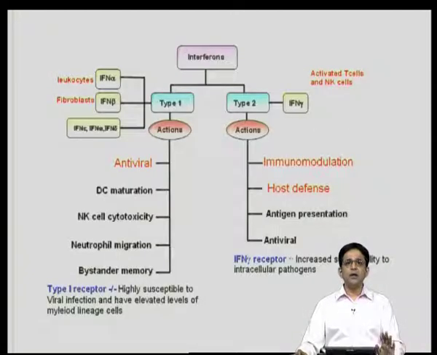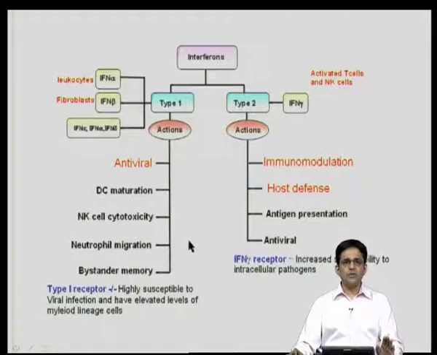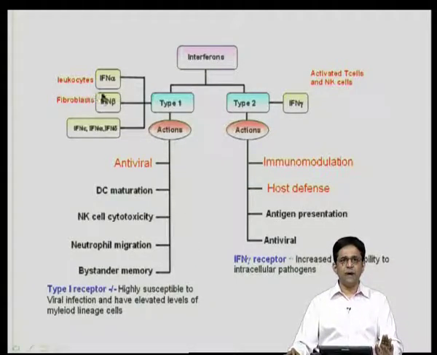But in general, as I mentioned, there are two types of interferons. Type 1, the type IFN alpha and beta, are primarily antiviral in nature. They are involved in dendritic cell maturation, they increase NK cell cytotoxicity, and neutrophil migration. Individuals that lack the type 1 interferon receptors are highly susceptible to viral infections, and they have elevated levels of myeloid lineage cells.